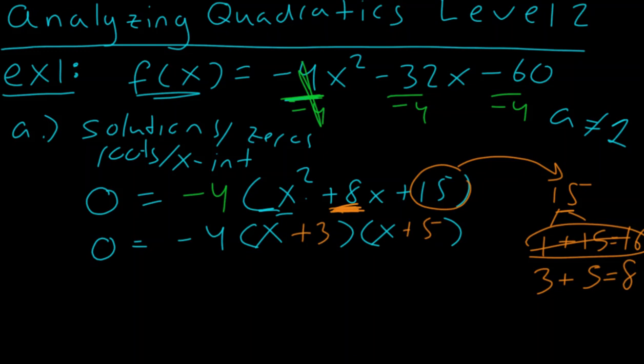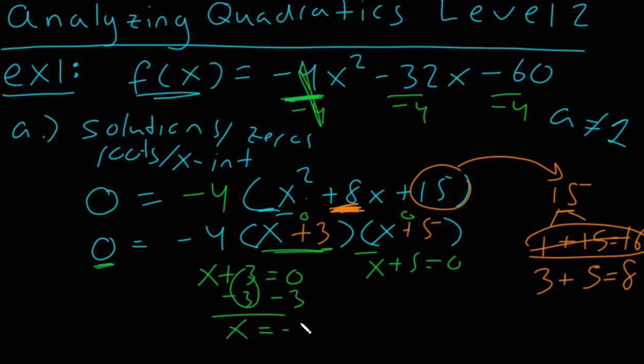Now from here, I know I want to take my factors and always set them equal to 0, because 0 times anything is equal to 0. And from here, all I have to do is solve for x. So I subtract 3, and I get x equals -3, and I subtract 5, and x is equal to -5.